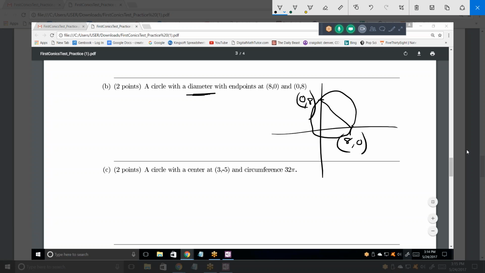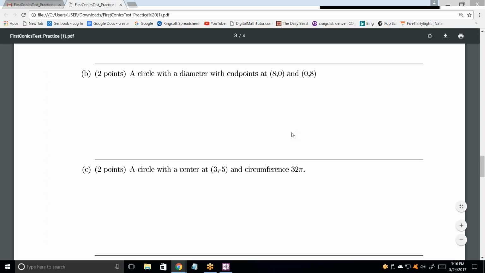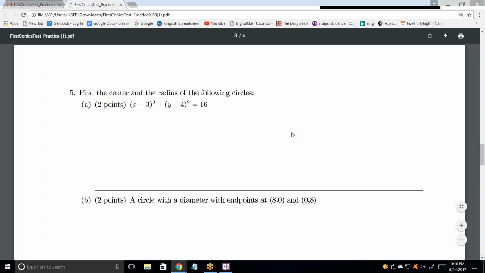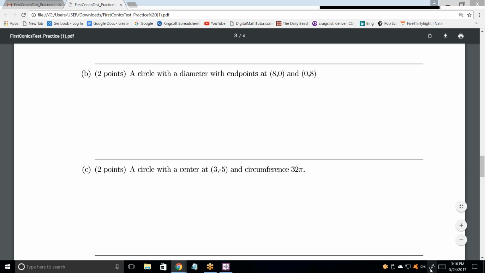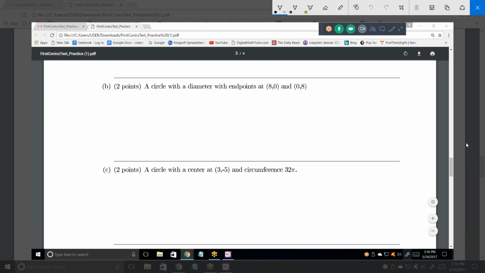Now, what are they asking for here? I have to look at the directions again. Is it, find the center and the radius? Okay. Let me draw my picture then.